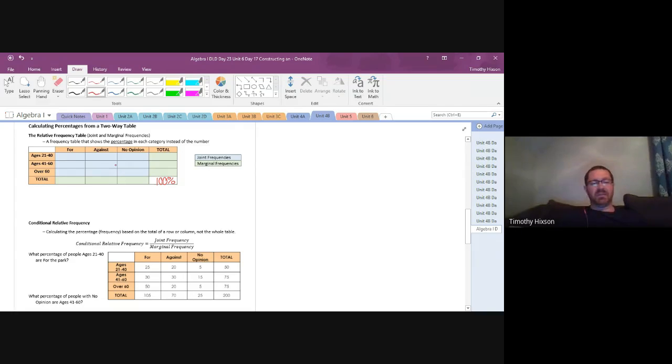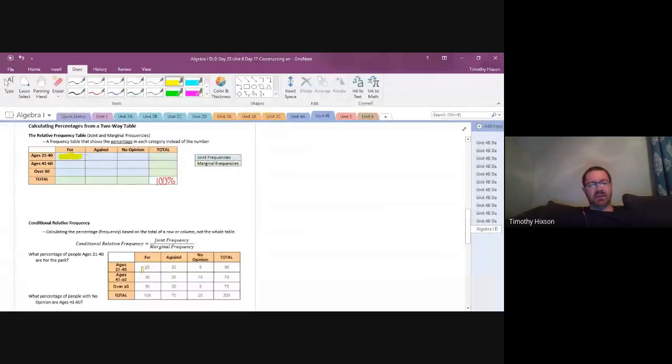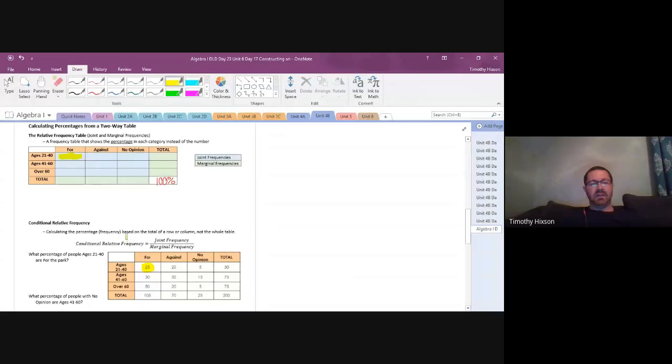So let's look at how we would actually get these. First of all, I'm going to highlight this here and look at the table down here. The corresponding box originally had 25 people in it. 25 people in this age bracket voted for having the park. So how do we use that to get a relative frequency? Well, we simply take that 25 people and divide it by the grand total, 200.